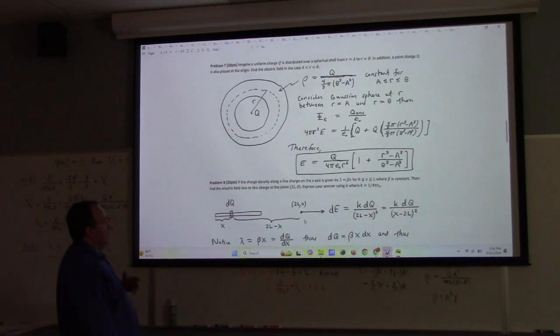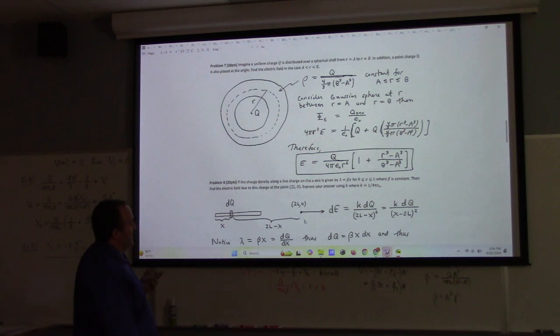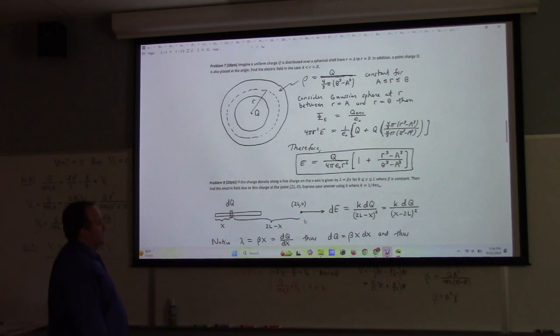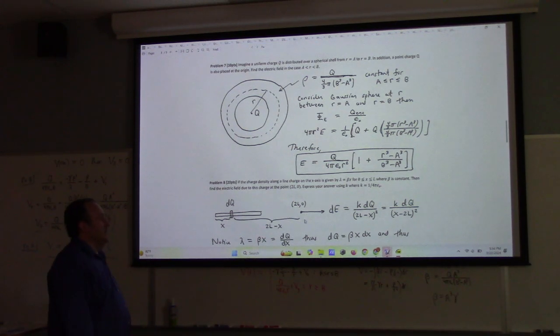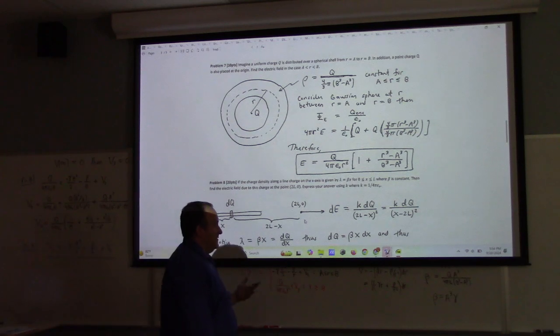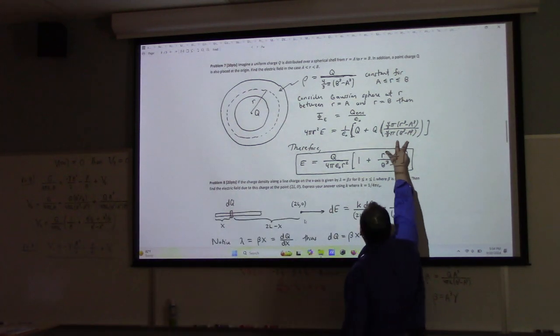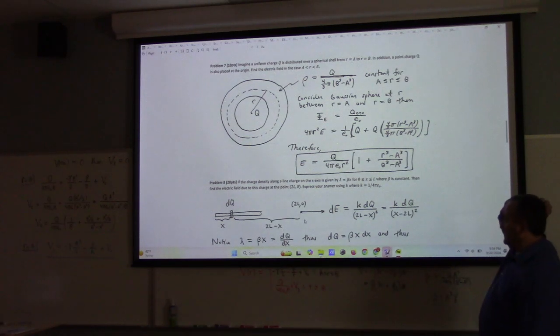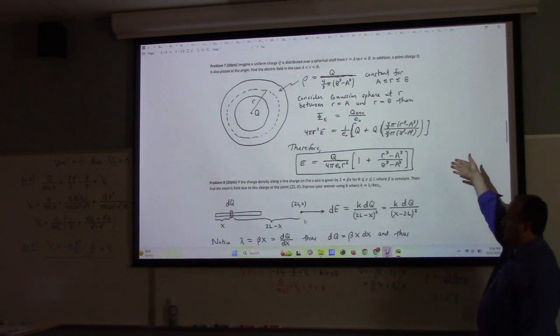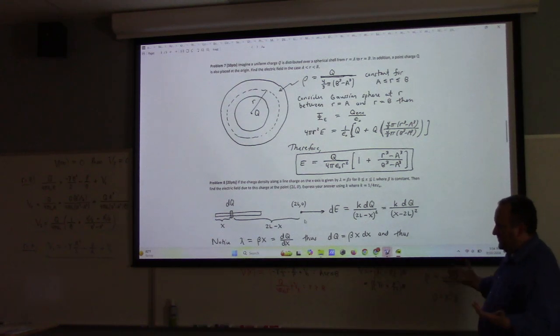So I make a Gaussian sphere there, and of course I am enclosing the fraction of the charge that's in the shell, just like I did earlier in the problem session. So there's that lovely formula again. But also we have the Q at the middle. So that plus that charge is the charge enclosed, and the electric field is thus this. All there is to it.